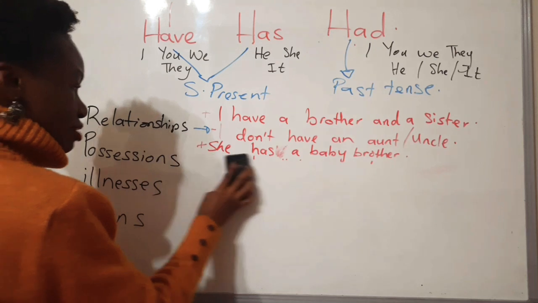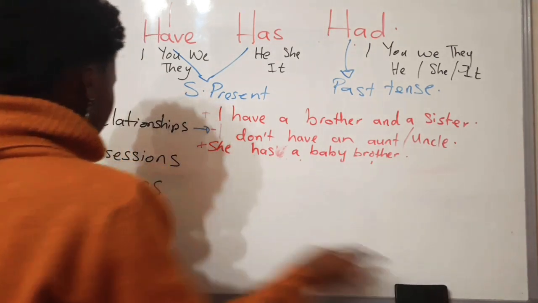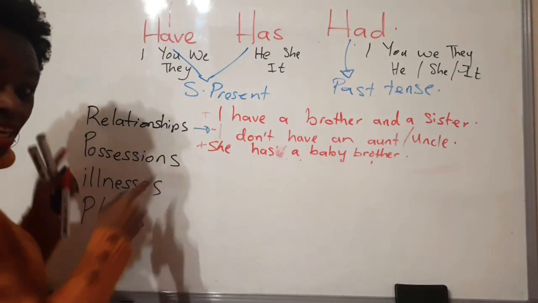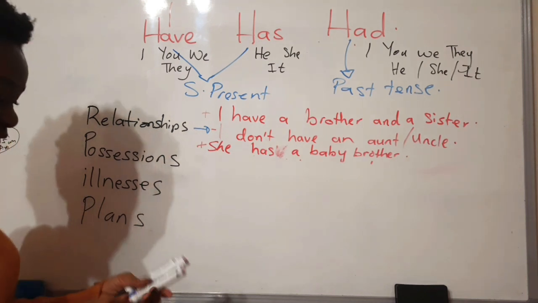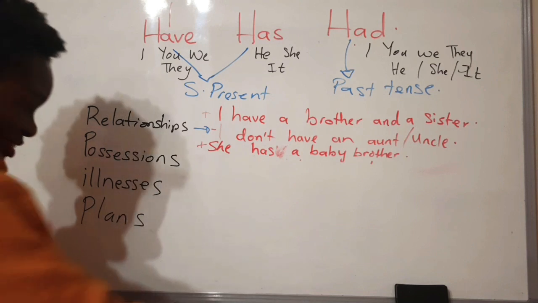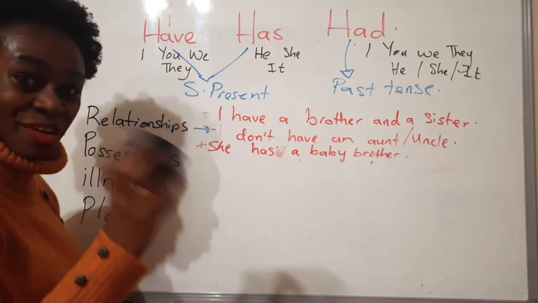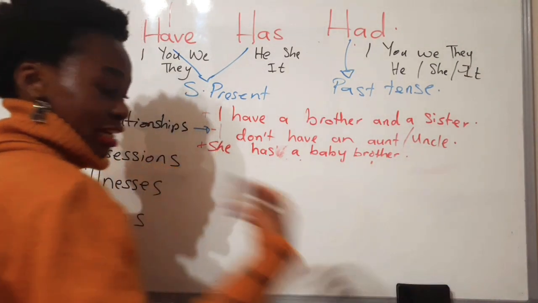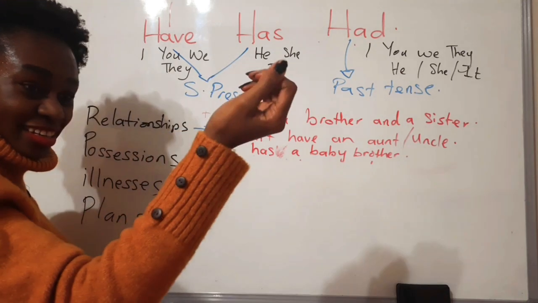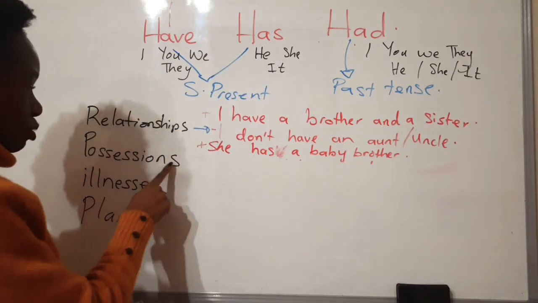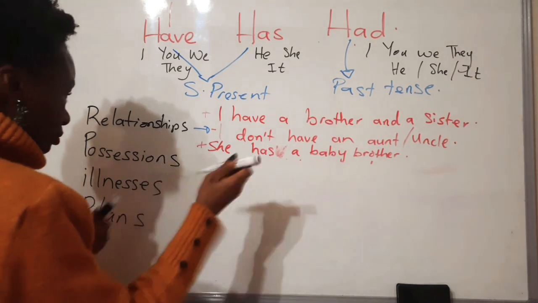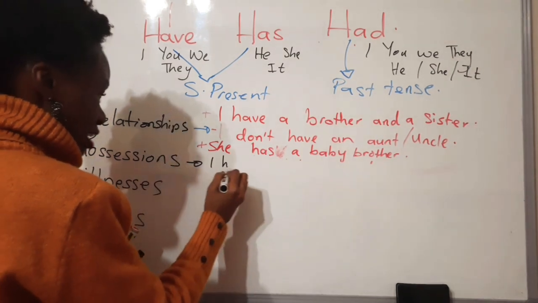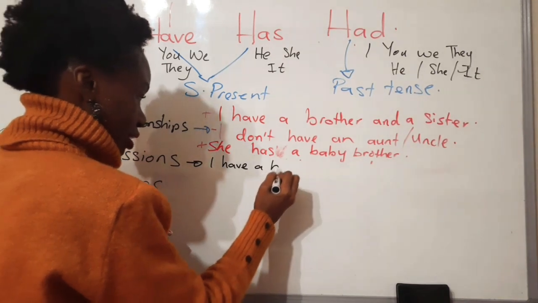What about for possessions? Possessions are things we have. For example, I have board markers, I have an eraser, I have clothes. So we use this for possessions, things we have. For example, I have a bag.